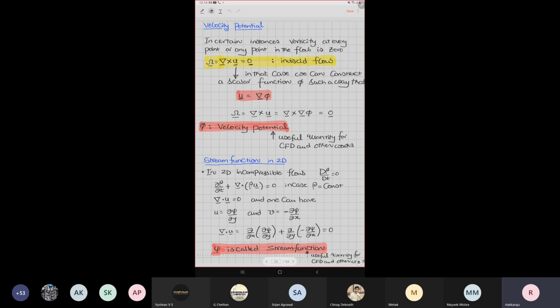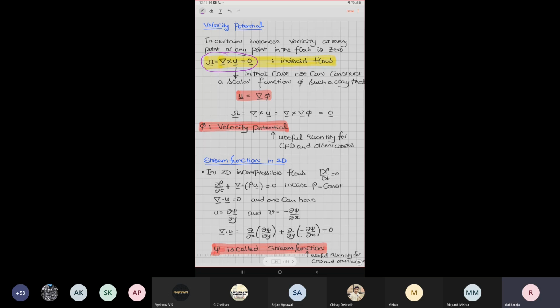And there is one more concept named velocity potential. When we are working out examples, we will learn more about that. The velocity potential basically applies whenever vorticity is equal to 0 inside the system. That means there is no spinning happening.